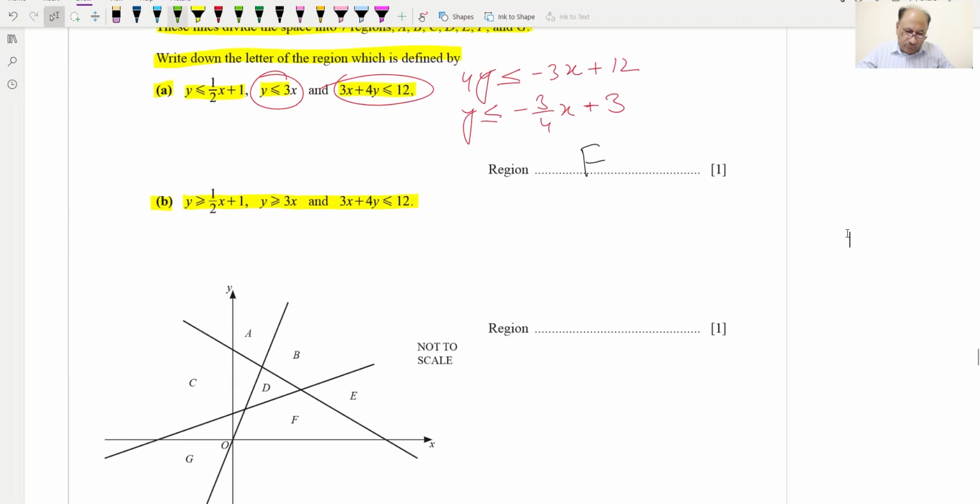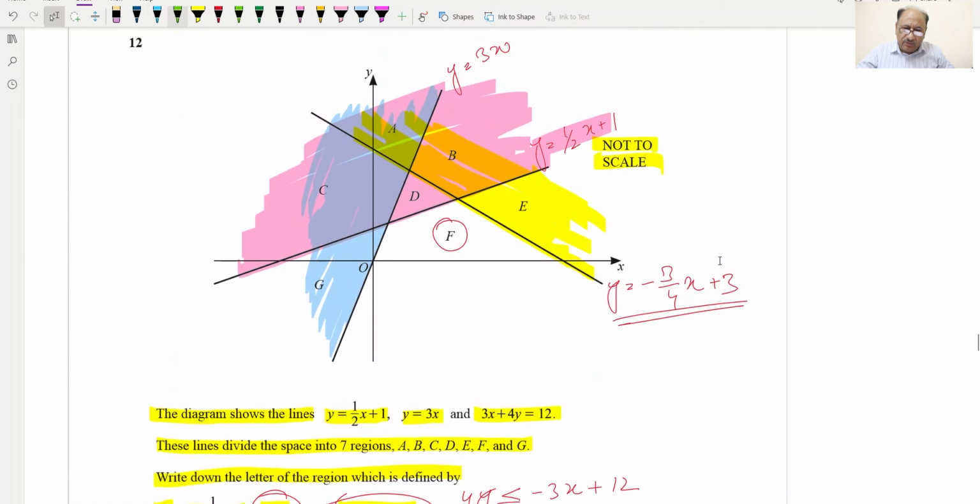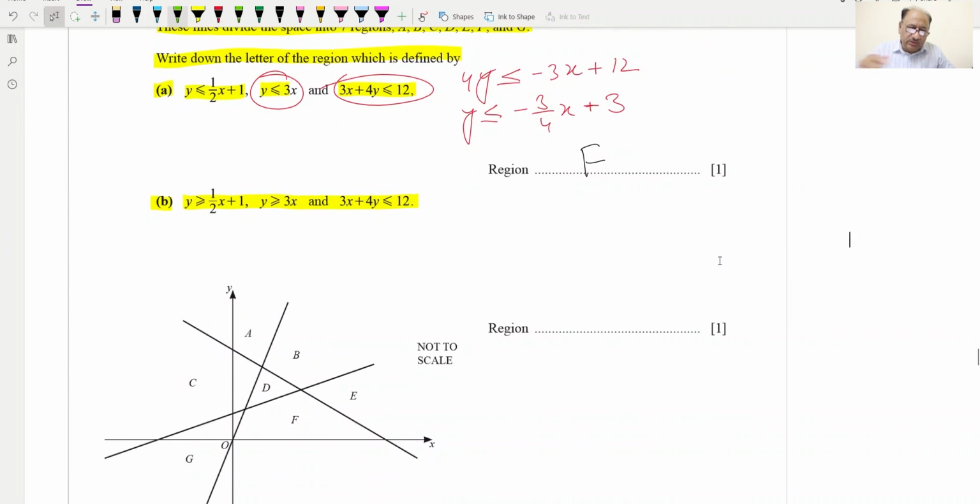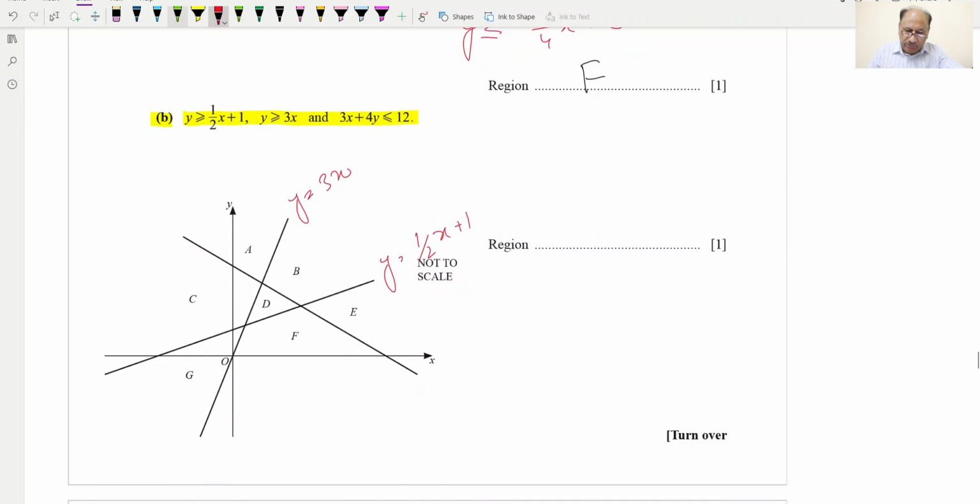So y is equal to 3x was this line, and y is equal to 1 by 2 x plus 1 was this line, and y is equal to, which we have already identified, minus 3 by 4 x plus 3.